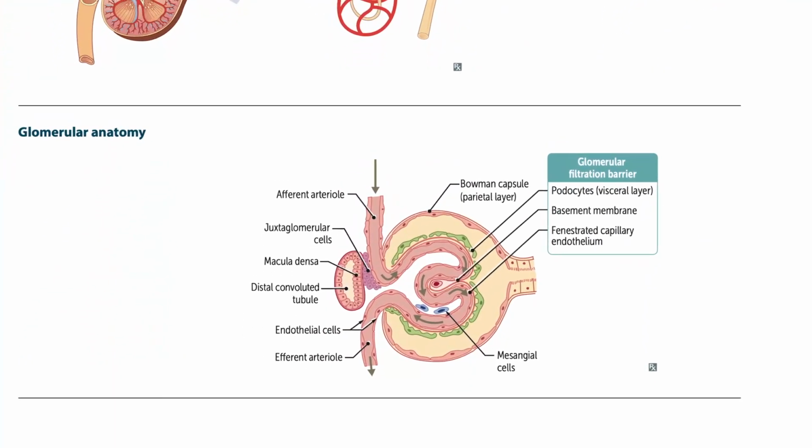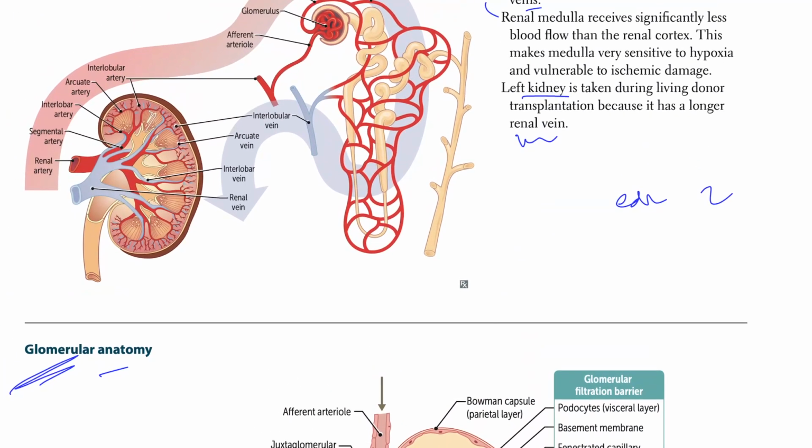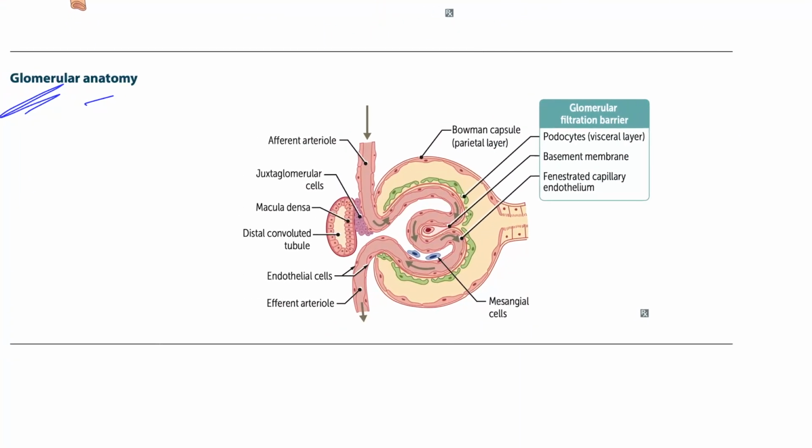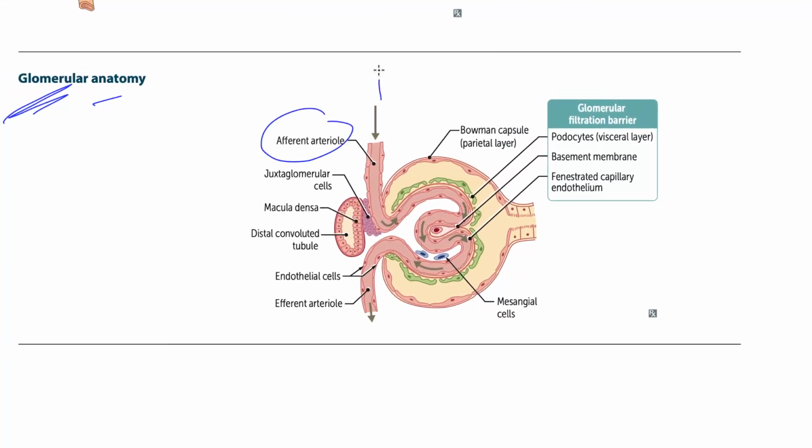Let's talk now about the glomerular anatomy. Going from the top, you had the afferent arteriole coming, and the efferent going out of that nephron, of that glomerulus. So from the afferent arteriole the blood is coming.